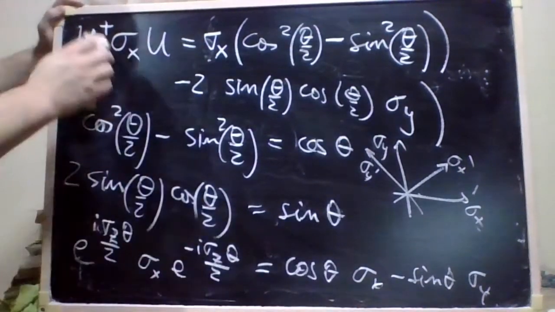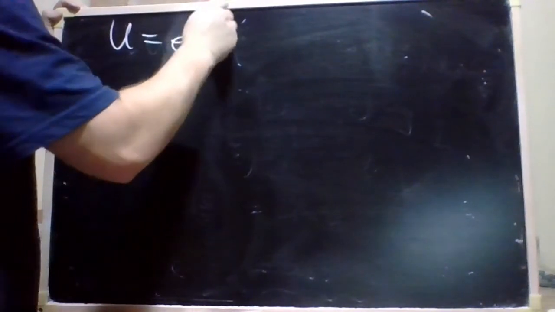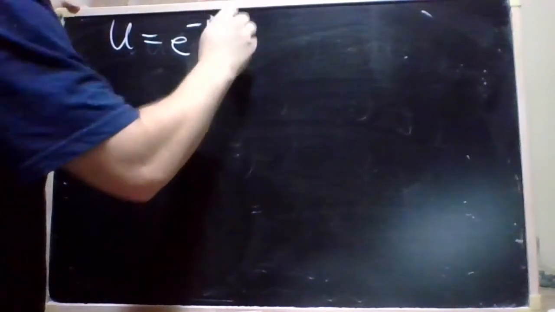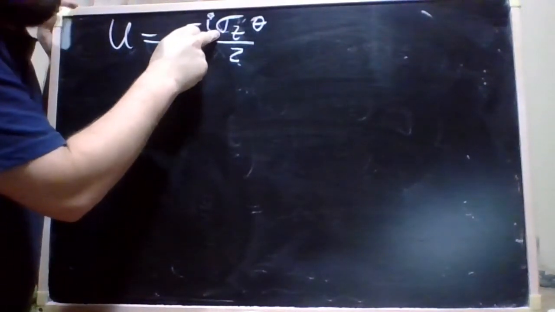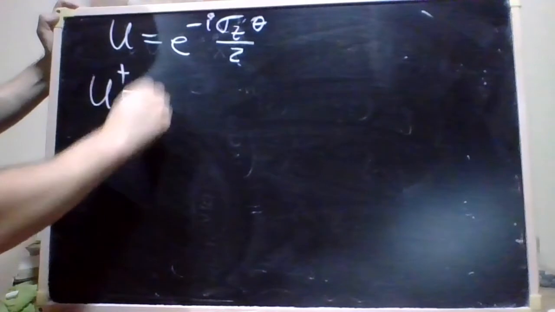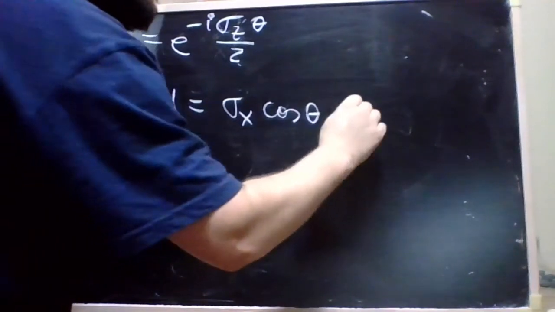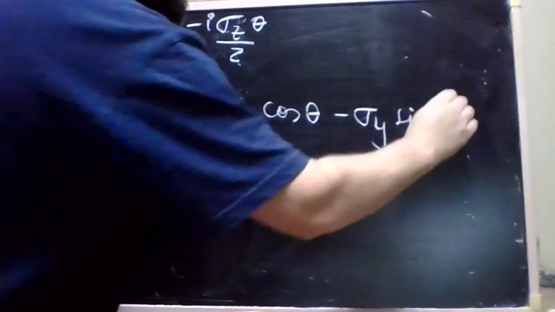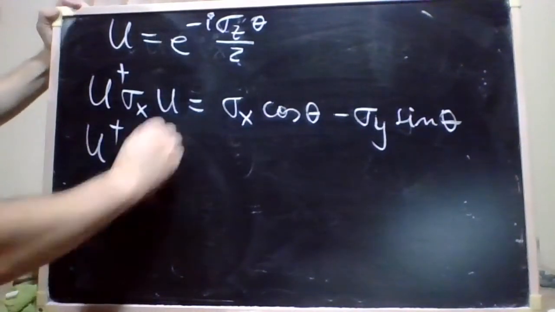You can also show the following result. So for this operator, minus I, the z component of the Pauli matrices, theta over 2, this operating to sigma x corresponds to rotated versions by an angle theta of the Pauli matrices, sigma x, sigma y.